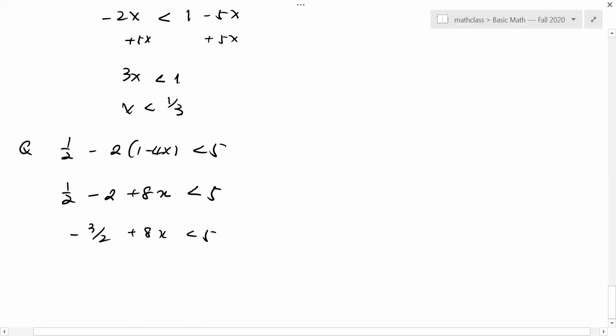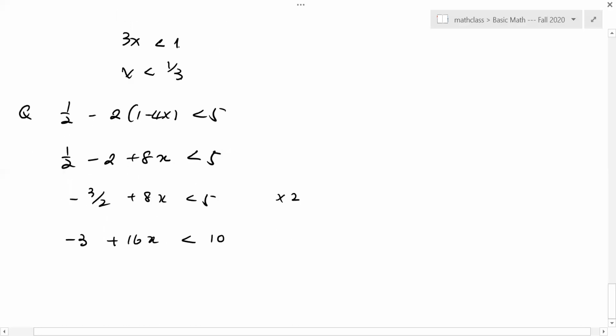Right? So you can multiply both sides by 2. Negative 3/2 times 2 is negative 3. 8 times 2 is 16. 5 times 2 is 10. Right? Then you add 3 to both sides. 16x equals 13.